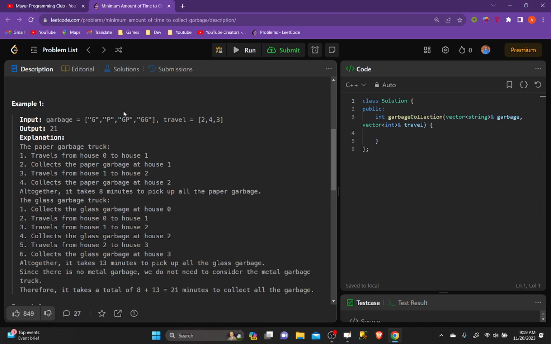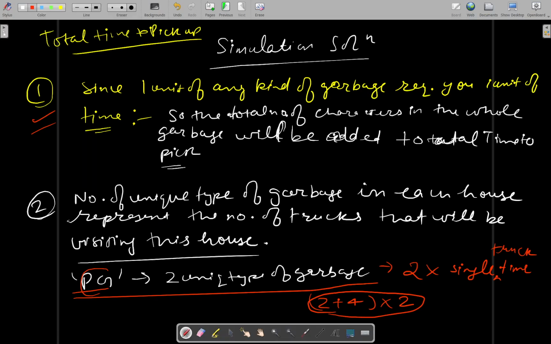And what we will do is define some variables. First will be the total time to pick up. It will be your answer that you will be returning.